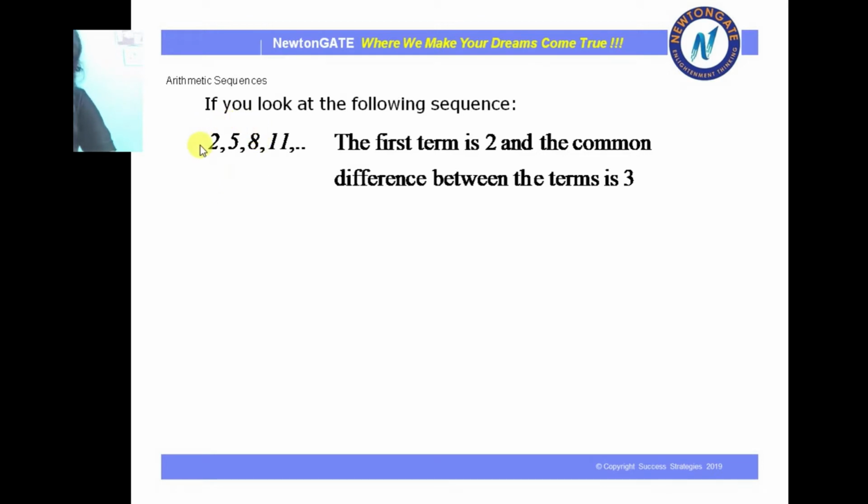If I add 3 to the previous number, I get the next number. That is 2 plus 3 equal to 5, 5 plus 3 equal to 8, 8 plus 3 equal to 11. If we go on, 11 plus 3 is equal to 14, 14 plus 3 equal to 17, and so on.